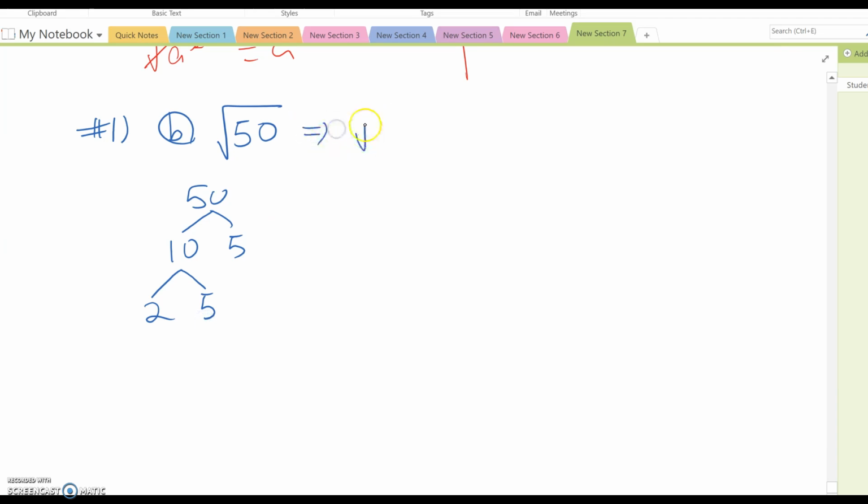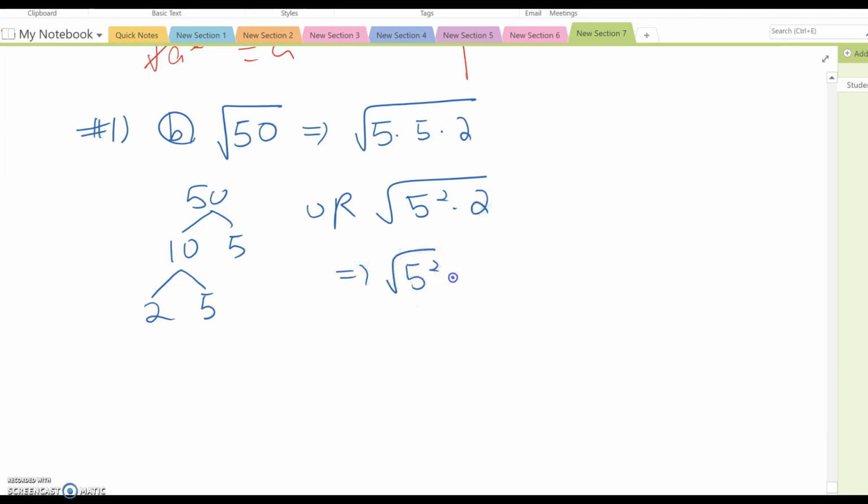So this becomes 5 times 5 times 2, or you can rewrite this as 5 squared times 2, which means root 5 squared times root 2. So this cancels out, so it becomes 5 root 2. That should be the answer.